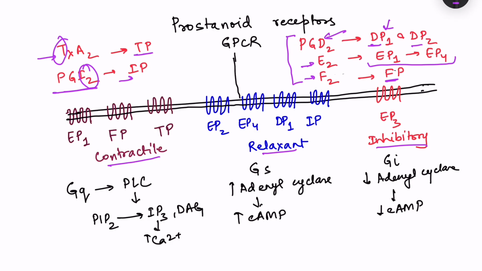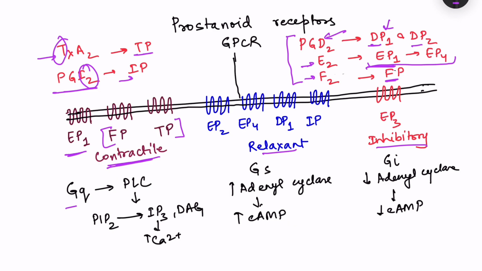So you will see this thromboxane and PGF2, their actions are quite similar because they are acting through these contractile receptors. Okay, basically they are acting on the receptors and stimulating the contraction. So that is thromboxane A2 and prostaglandin F2 alpha. Then we have EP1 receptor as well in this category, and these receptors are of GQ type.